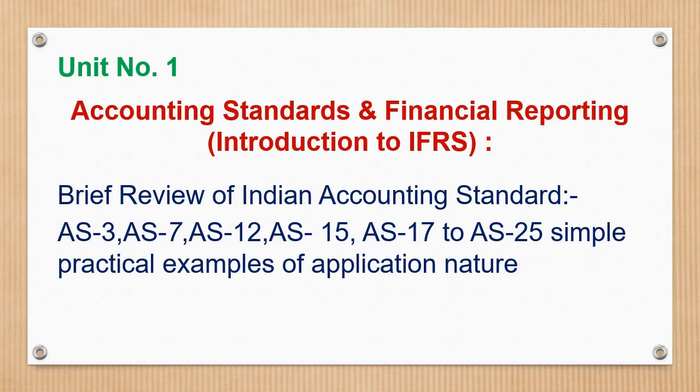We see theoretical approach and simple practical examples of application nature, means how the accounting standards are applicable for particular things we see in the practical base also, but few simple examples we see here. Not, we have in the examination the questions of advanced level of practical examples like professional courses, CA, CS, CMA. Only few simple examples we see because of only understanding how these accounting standards are applicable anywhere.